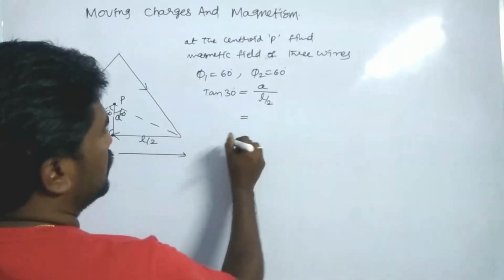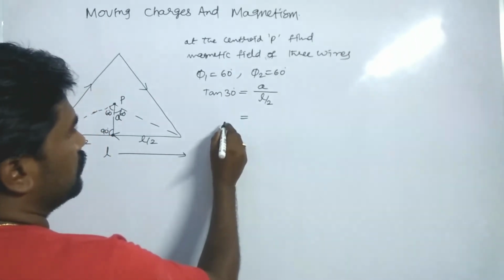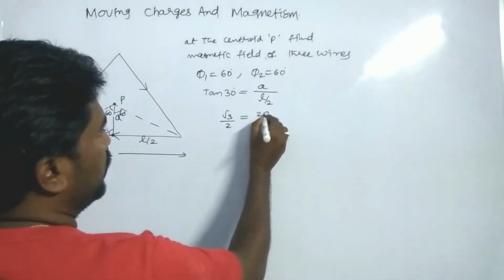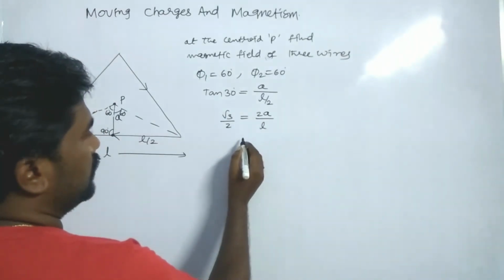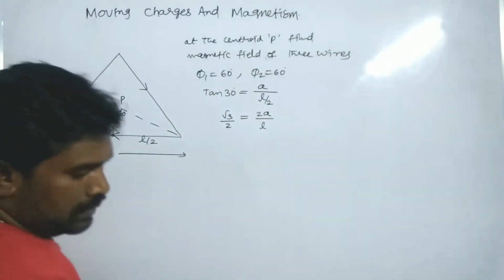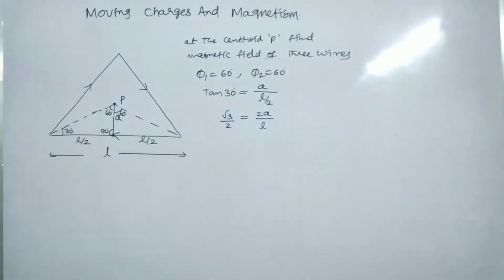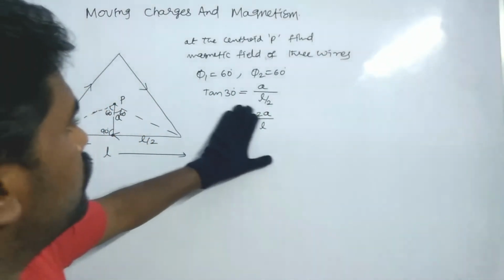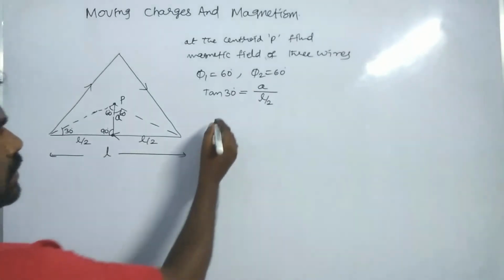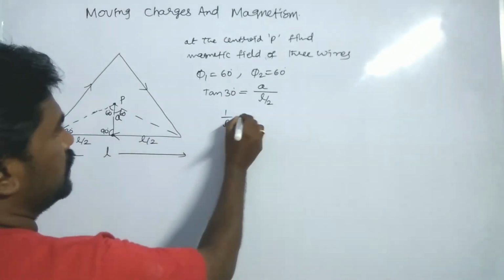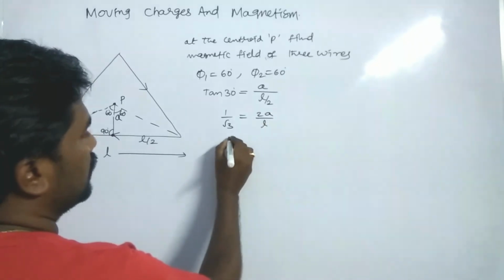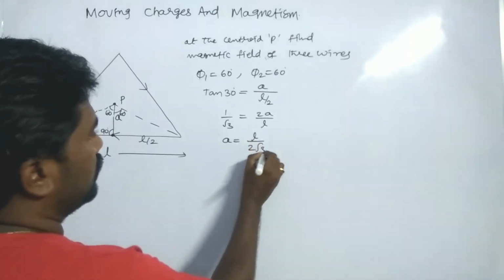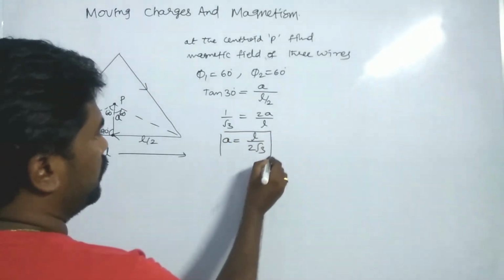So you can write tan 30, which is 1 by root 3, equal to 2A by L. So A is equal to L by 2 root 3. So this is the perpendicular distance here.